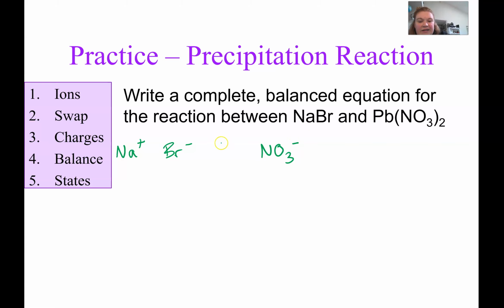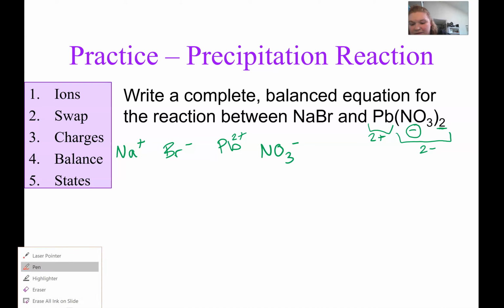And then lead is one that can be different charges. It's one of our transition metals. But if we know that nitrate is a 1-, and there are two of them, so that means there are two minuses altogether, then lead has to be a 2+ to balance that out. So we have them broken up into their ions.